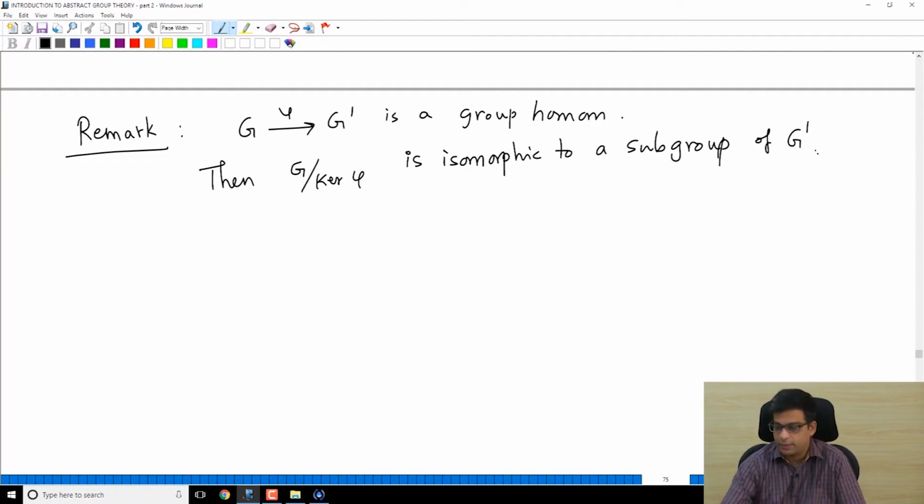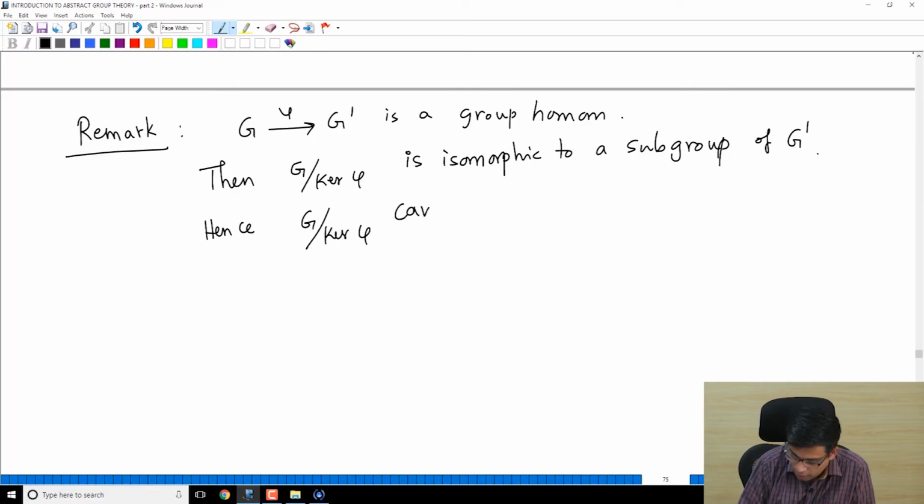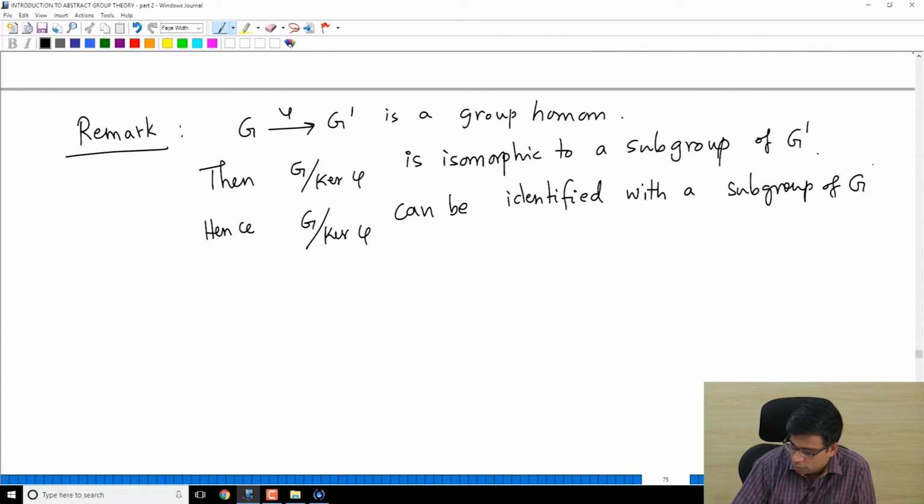This is an immediate consequence of the first isomorphism theorem, because the first isomorphism theorem says G mod kernel phi is isomorphic to the image of phi, which is certainly a subgroup of G prime. So G mod kernel phi can be identified with a subgroup of G prime. So it is for all practical purposes a subgroup of G prime.